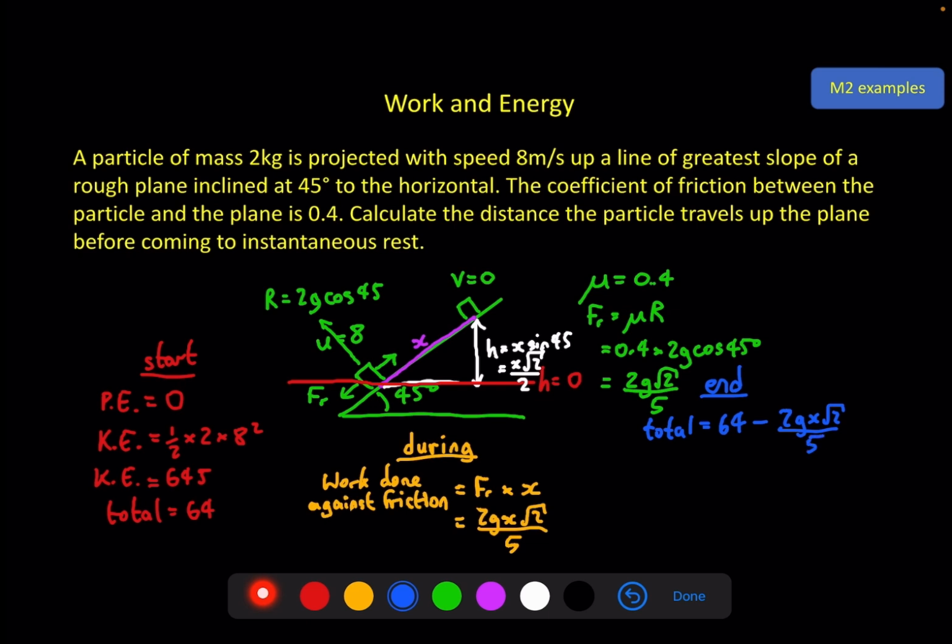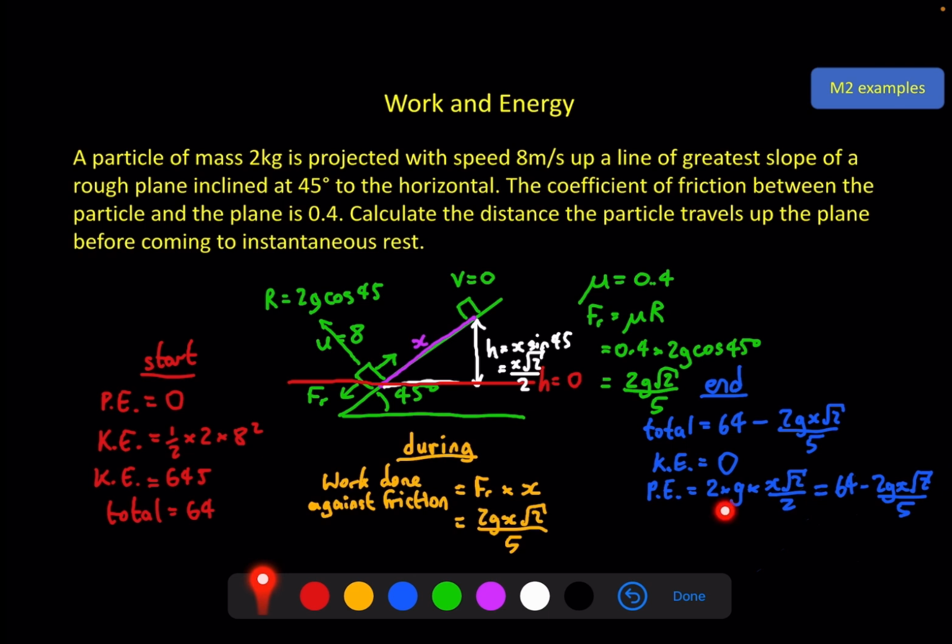We also know at the end the kinetic energy, because it's got 0 speed, it comes to instantaneous rest, so the kinetic energy is 0, which means all of this must be converted into potential energy. All the energy that's left is potential energy. And the potential energy, which we know is mass times gravity times height, x root 2 over 2, must also equal this amount here, 64 minus 2gx root 2 over 5.